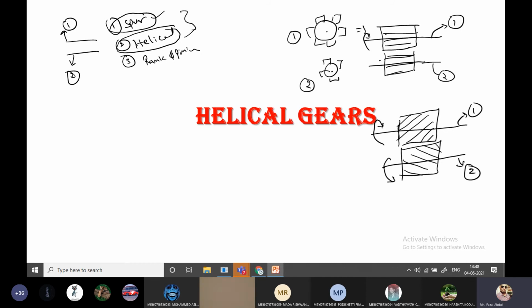Is it clear, Babu? What difference do you find? For helical gears, the gear teeth are made in a helix manner. That is the only difference between the spur gear and helical gear. So most of the equations have the usual meanings that we discussed in the spur gears.